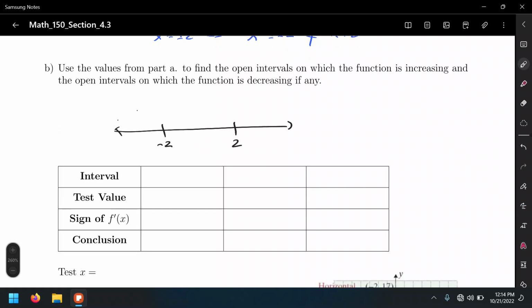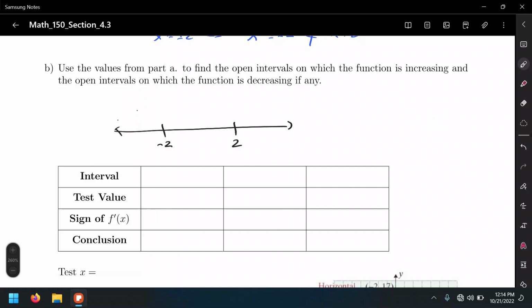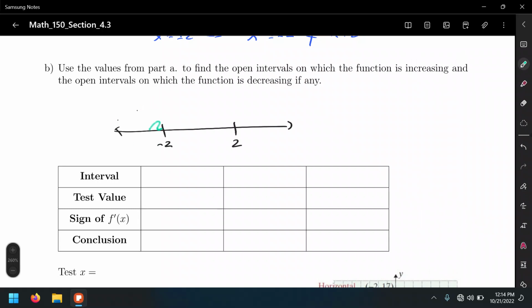So I have 3 empty columns. Each column corresponds to each region that we test for increasing, decreasing. So let's describe each interval. The first interval stops at negative 2 but goes all the way to negative infinity, so that's from negative infinity to negative 2.